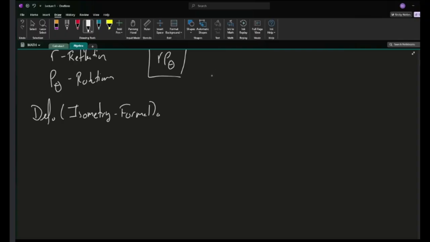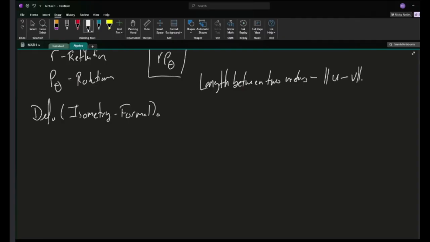For those who don't remember what a norm is, maybe it's been a semester, it's the length of a vector, noted as the norm of such values.